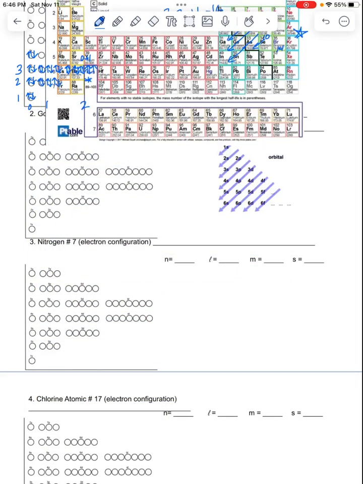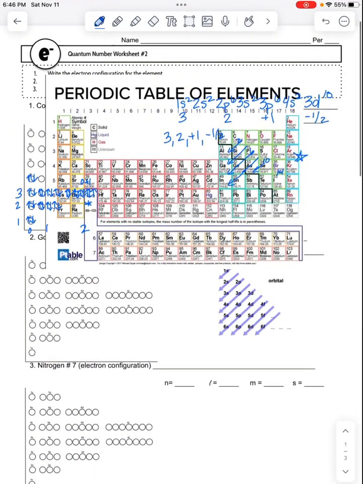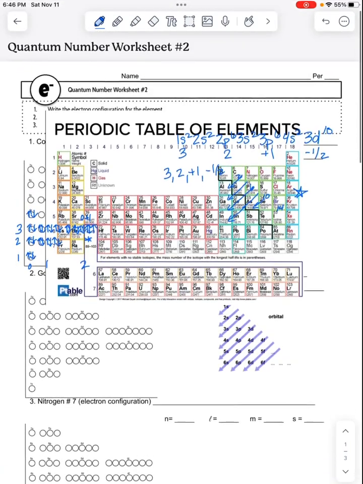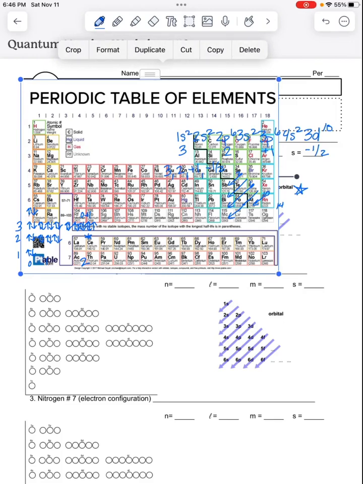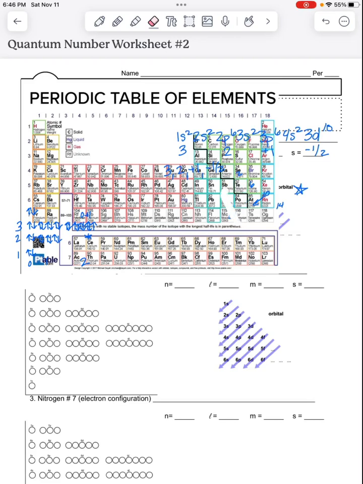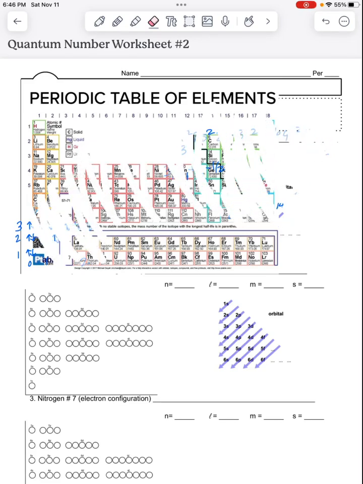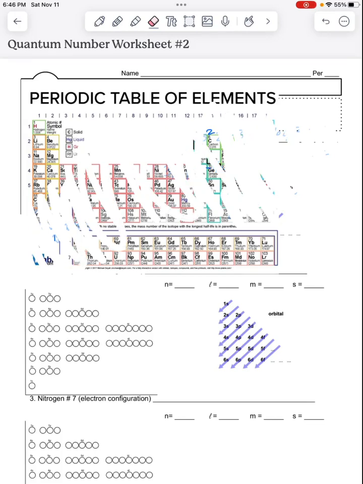Maybe I can move it up. Maybe it'll let me do that. Okay, so I can find where gold is, and I can follow what's happening here. I'm going to erase some of this just so it's not in my way as we go to do the next one, and we can find our element.